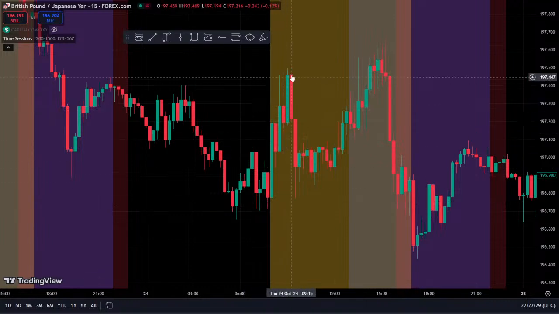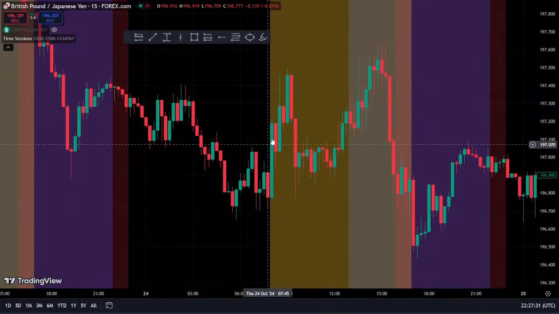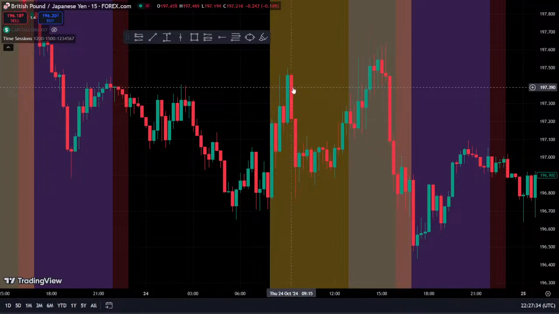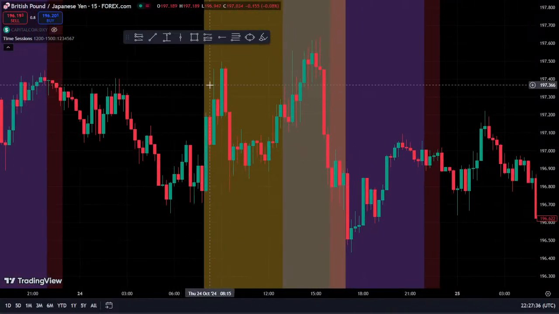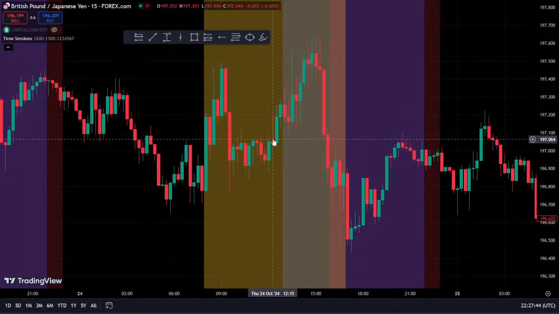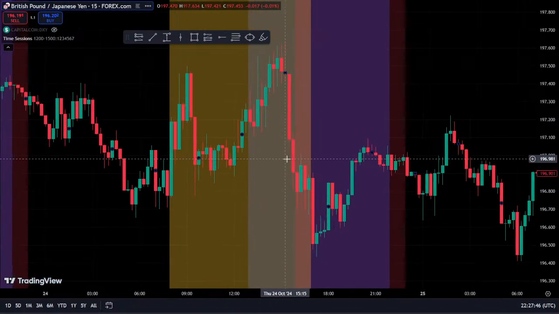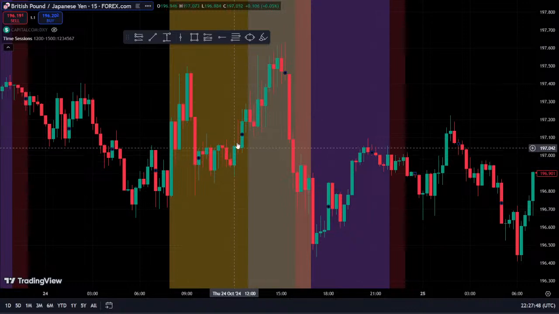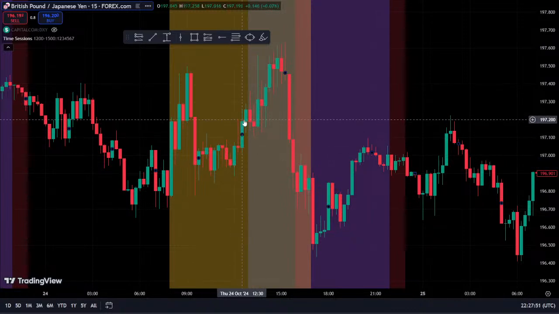London session starts with heavy buys, a liquidity sweep, and declines. Bearish, then consolidates, and it starts to buy when New York opens.